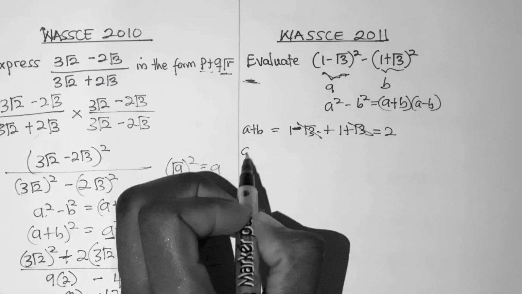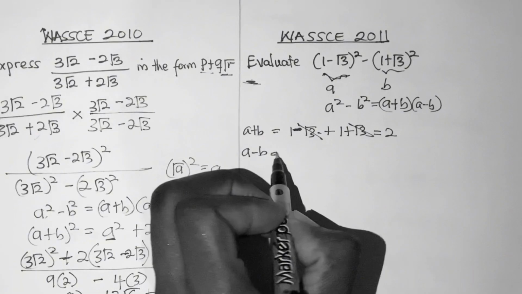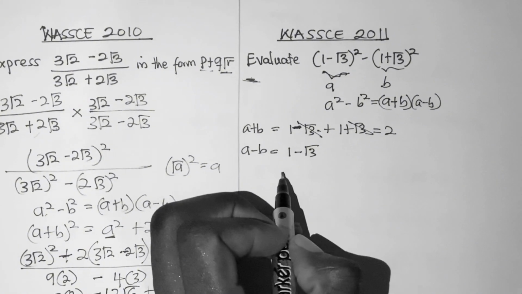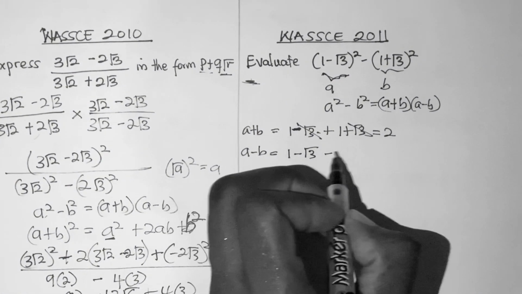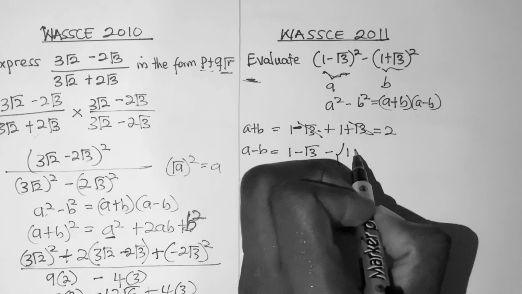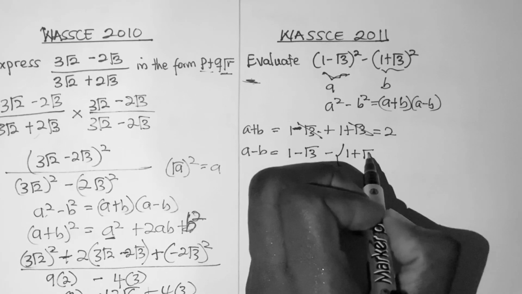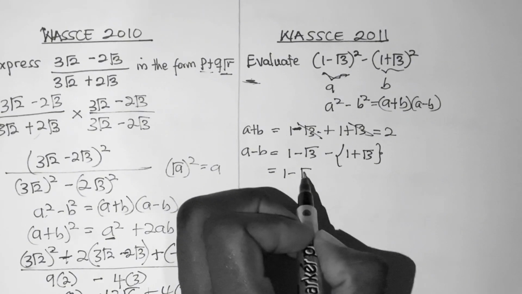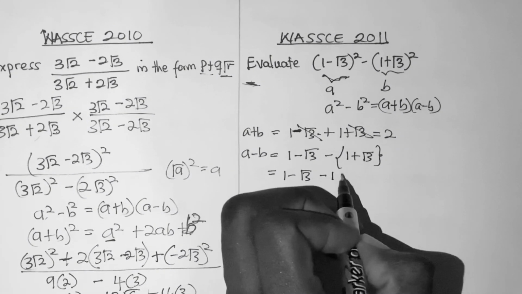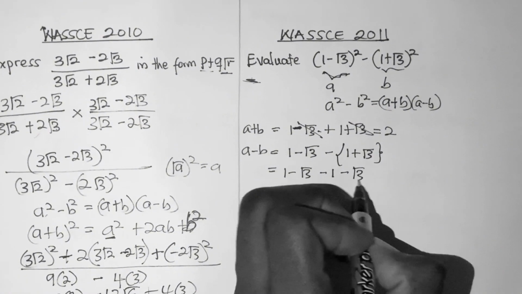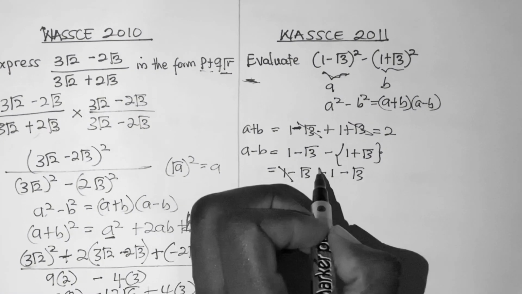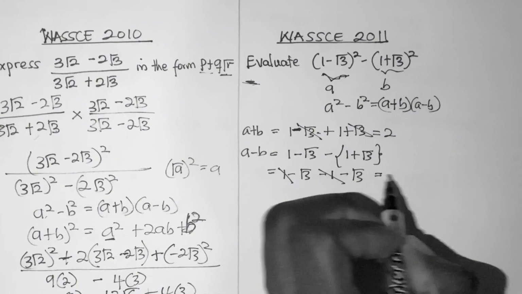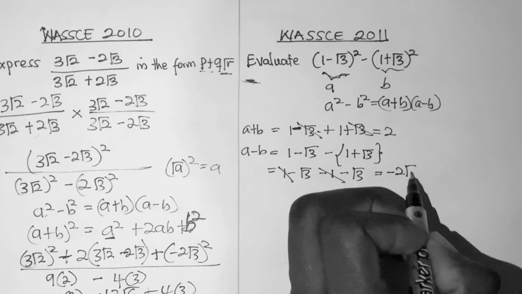Now let's do A minus B. It is equal to 1 minus root 3 minus (1 plus root 3). So this is equal to 1 minus root 3 minus 1, then minus root 3. So 1 minus 1 will cancel out. Minus root 3 minus root 3 becomes minus 2 root 3.